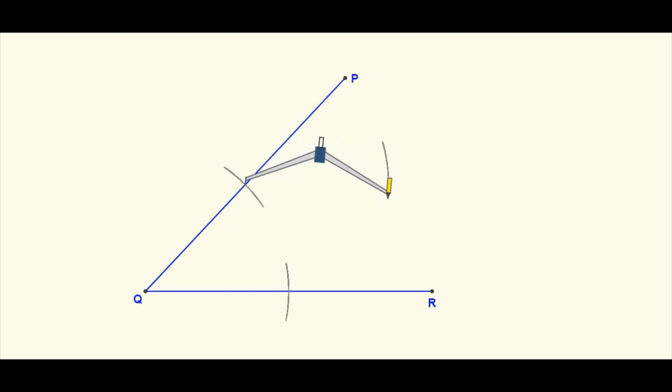You're going to repeat the same process by just shifting your compass point to the other line where the arc intersects the line segment RQ, and you're going to scribe an arc to intersect the previous arc that you just constructed. And this is how you would do it.